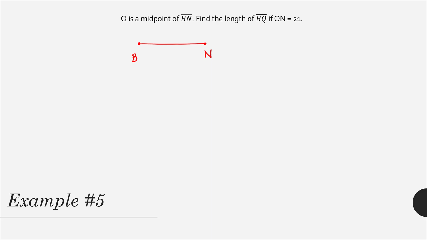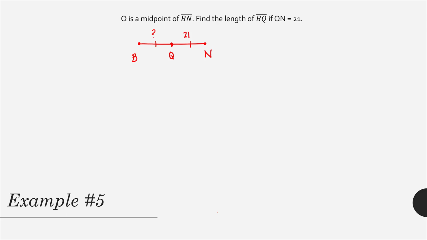And Q is the midpoint, which means he's in the middle. So I'm going to put Q in there, and I'm going to mark the two sides congruent. Find the length of BQ if QN is 21. So label it 21, and we want to know BQ.